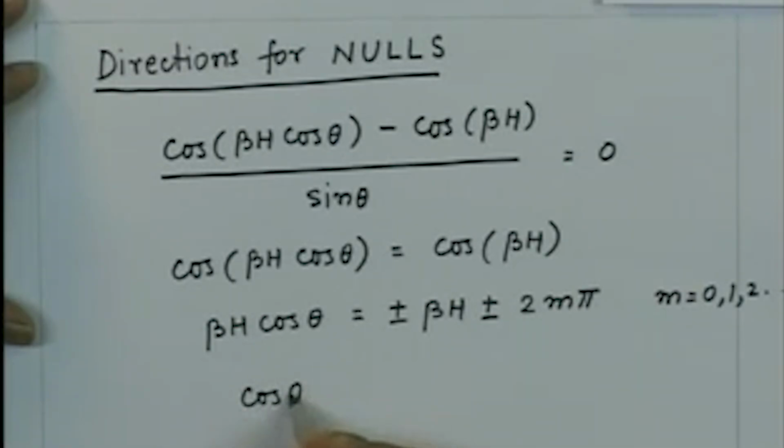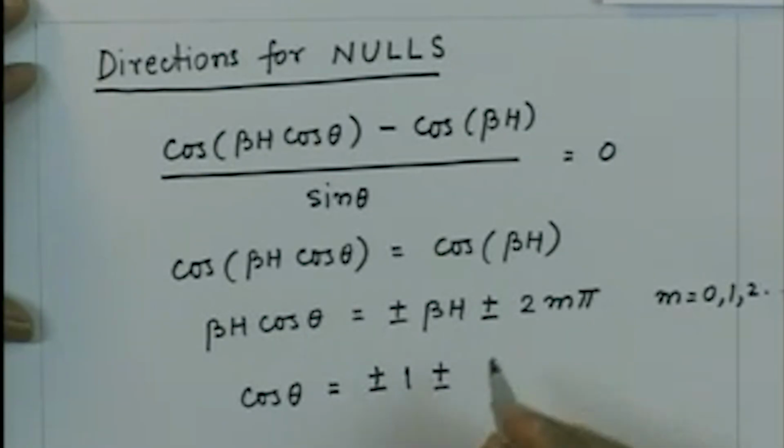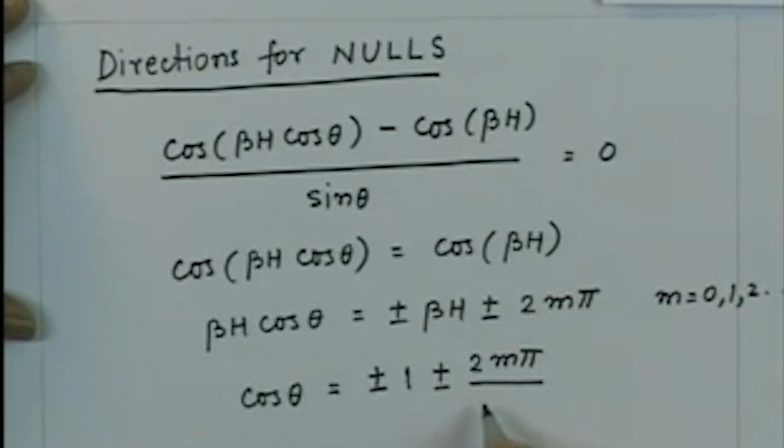So, cos of this angle null, that will be equal to ±1 ± 2mπ upon βh, and β is 2π by λ into h. So, 2π will cancel.